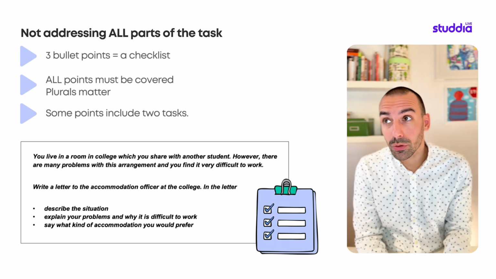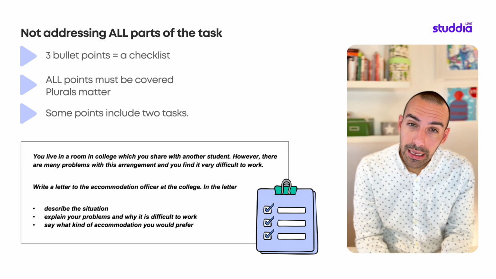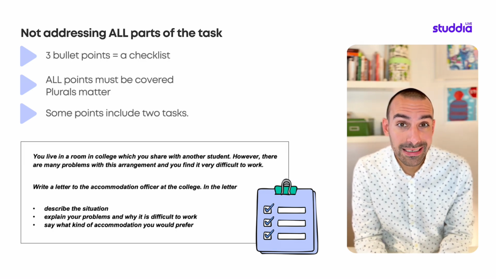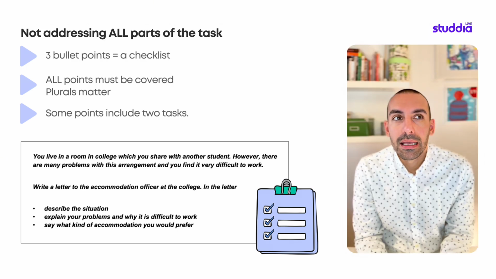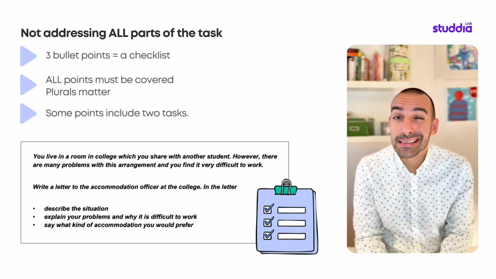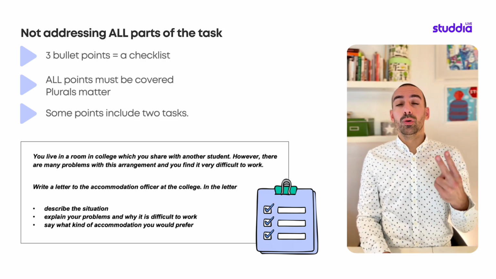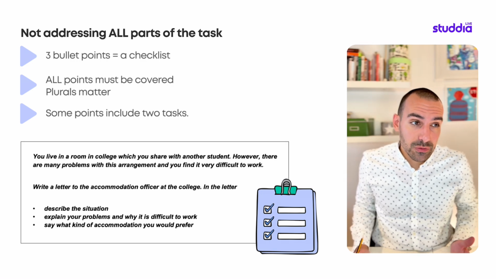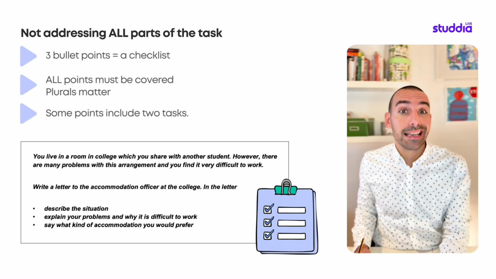Neglecting one point or writing much less about one and much more about the others will definitely bring your task achievement score down. This is especially important if you're aiming for band 7, 8, or 9. You cannot write two big paragraphs for the first 2 points and then just one sentence for the last one. That's just not going to work, and it's not going beyond band 6.